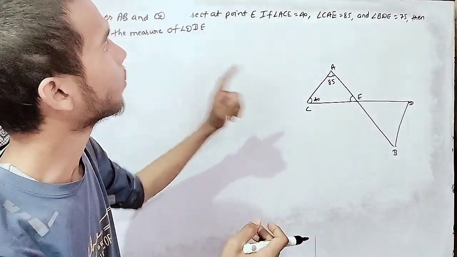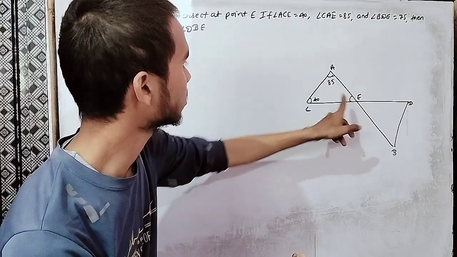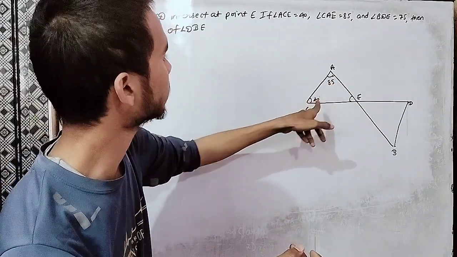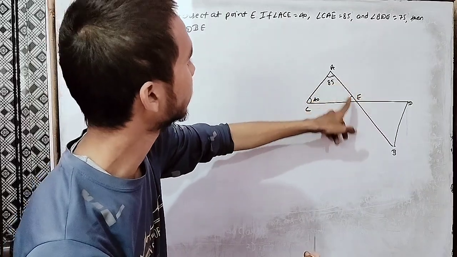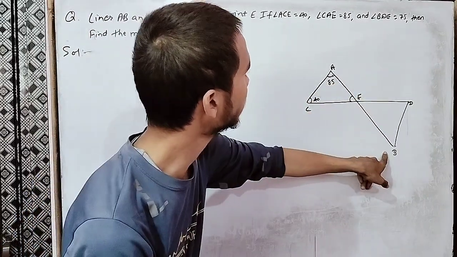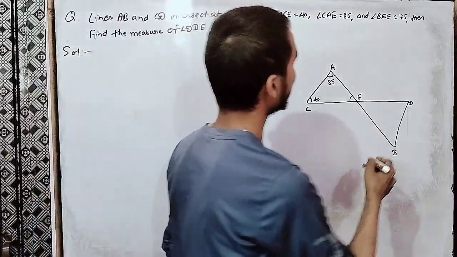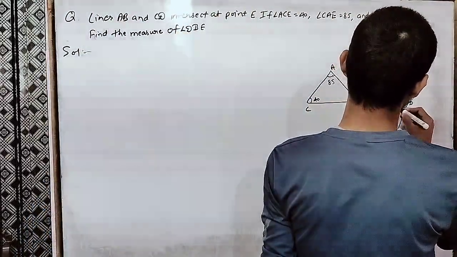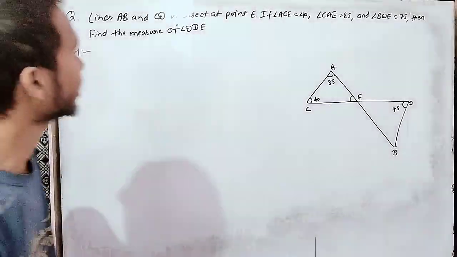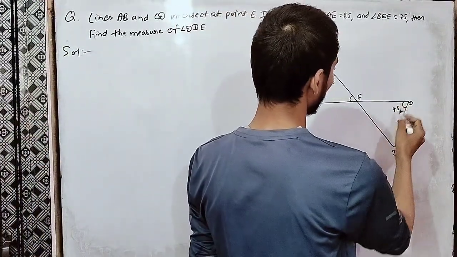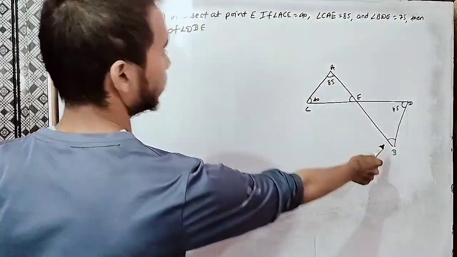If angle ACE is 40 and CAE is 85 and BE is how much? 75. Then find the measure of DBE. We have to find out the value of this angle.